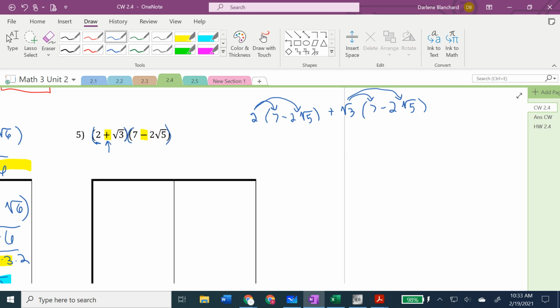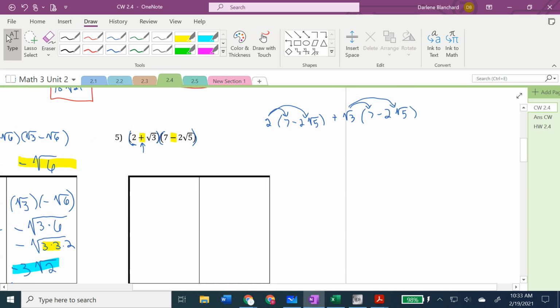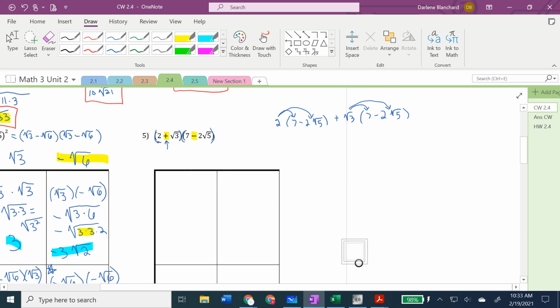For some of you, you might see this better than the box multiplication, but the majority of people see the box multiplication better. And so that's why that's been the push as to how to go about multiplying when you have addition subtraction.